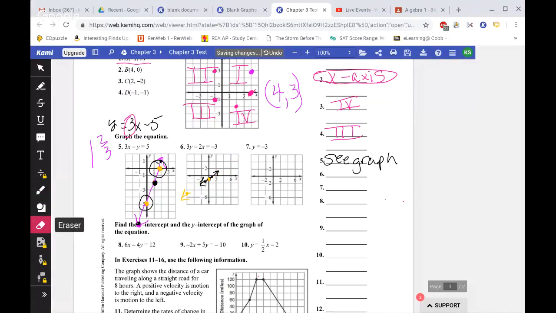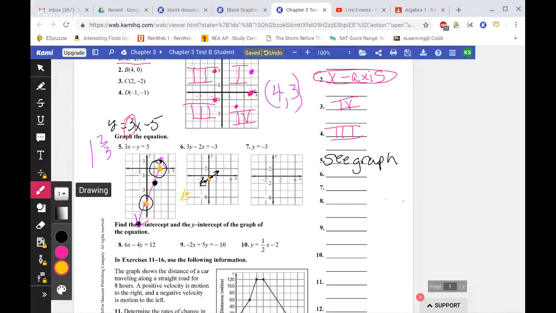Does that look better? Mine's still wrong. I think I did something very bad.